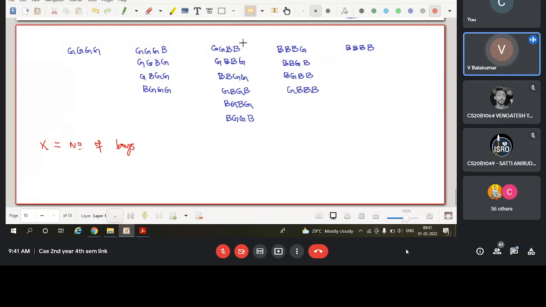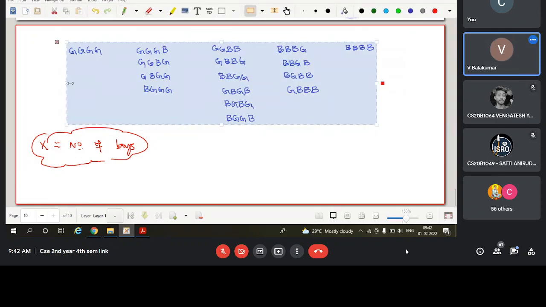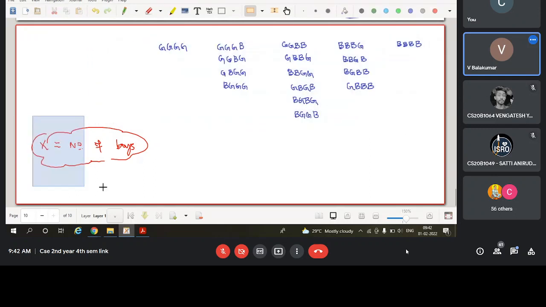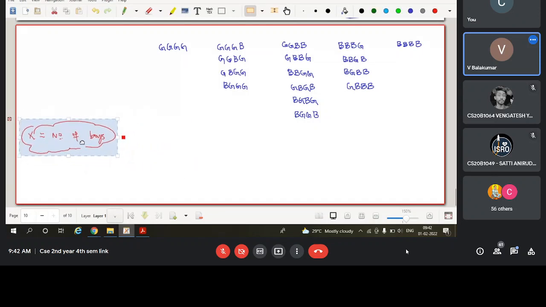Okay, suppose I define it like this, then what happens? This is my choice, whatever I have written in red color.